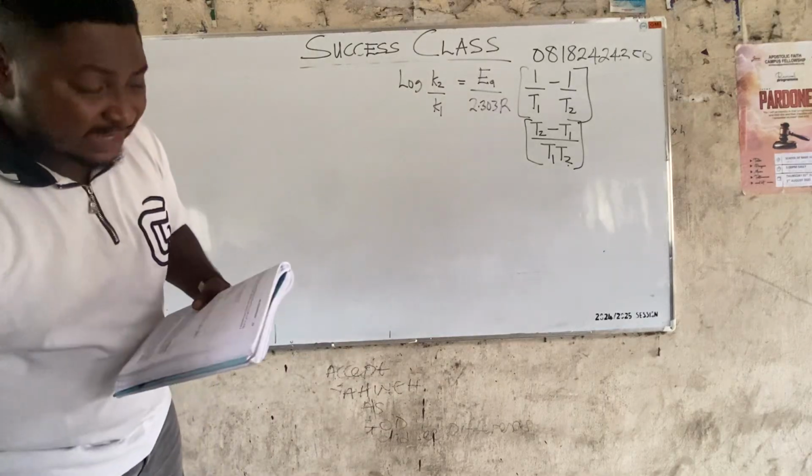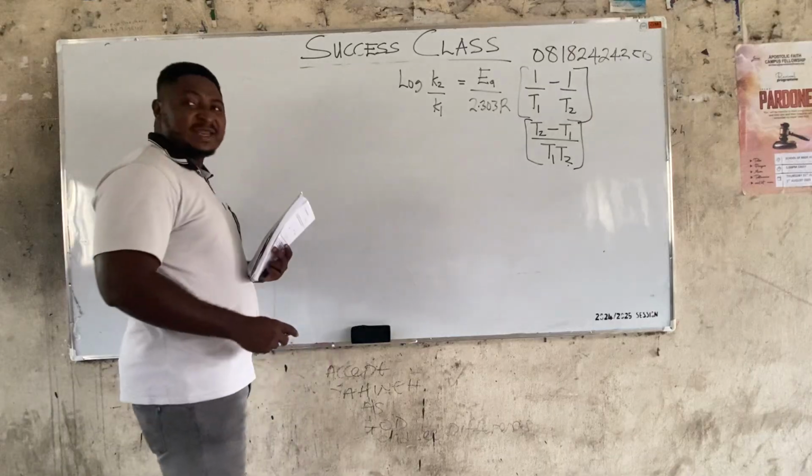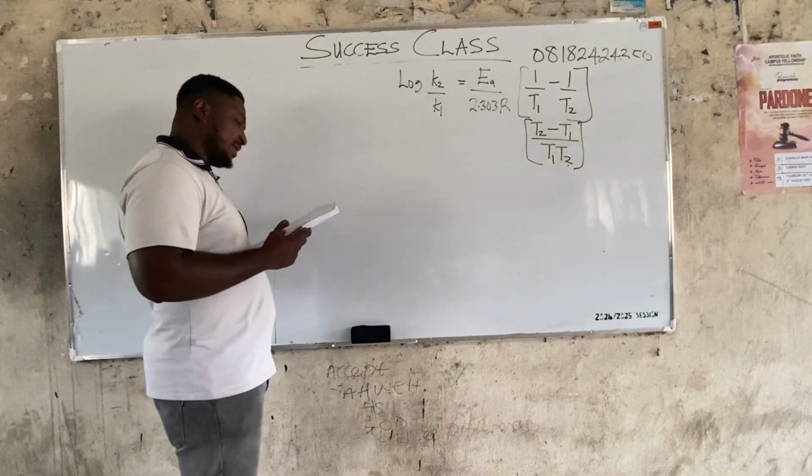When I say per second, what are you writing? s raised to the power minus 1, right? Hope you're not spelling it as per s raised to the power minus 1.